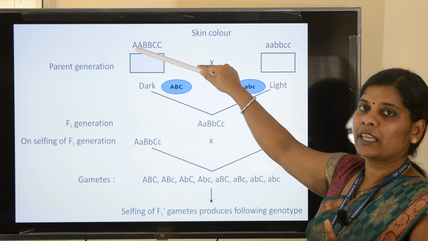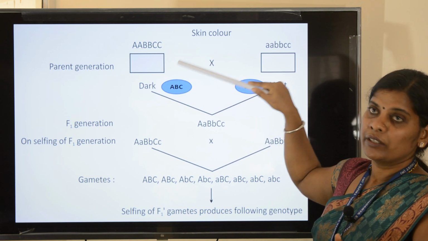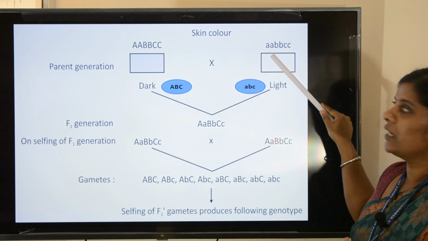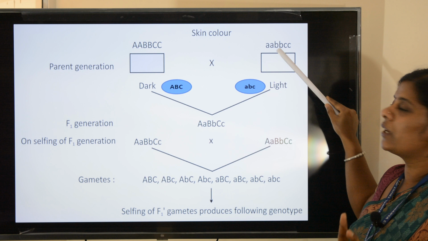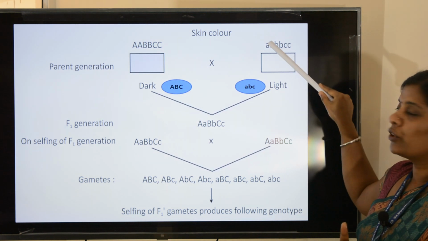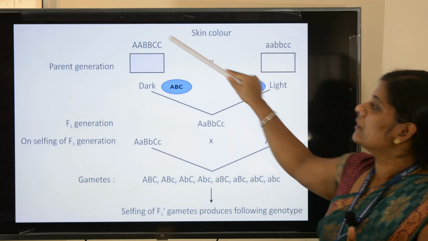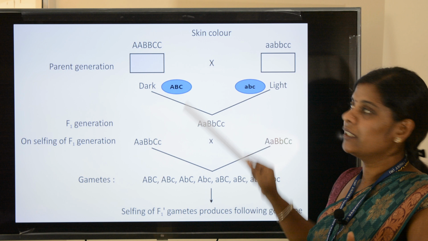So we write AA BB CC, which produces dark skin. Here the recessive alleles, also three genes with two alleles each, are small a a, small b b and small c c. This is the genotype of the albino individual, and the other is the genotype of the extremely dark skinned individual.